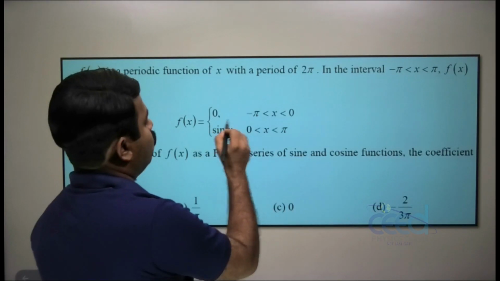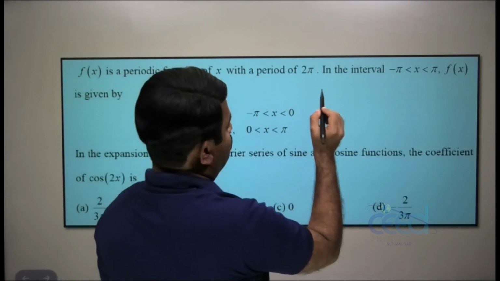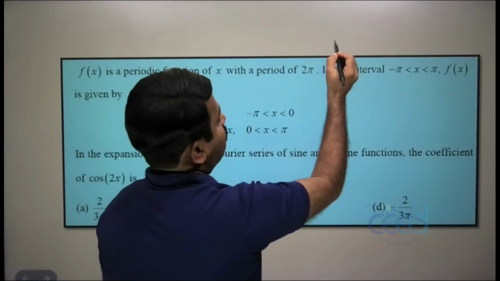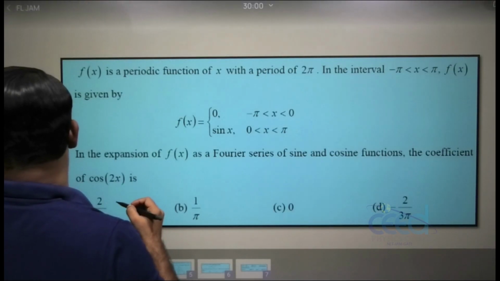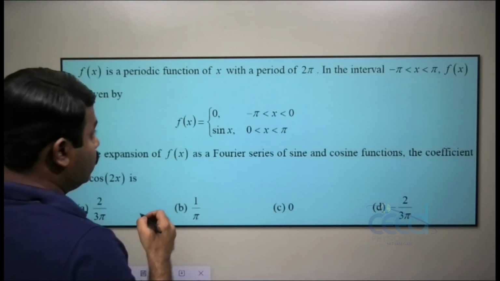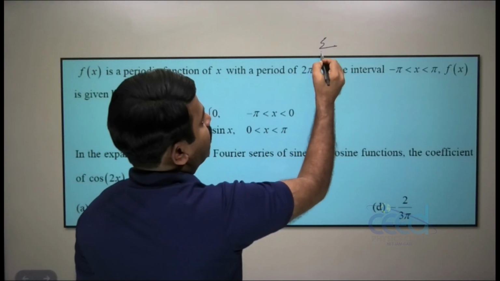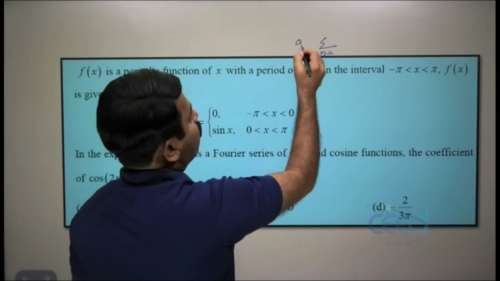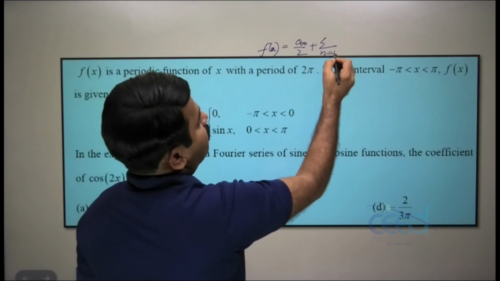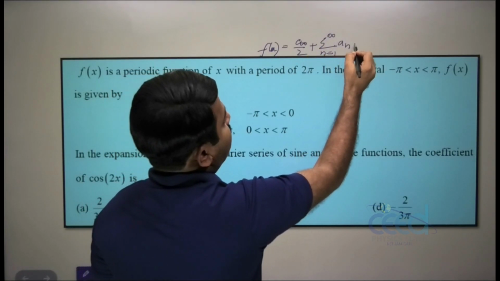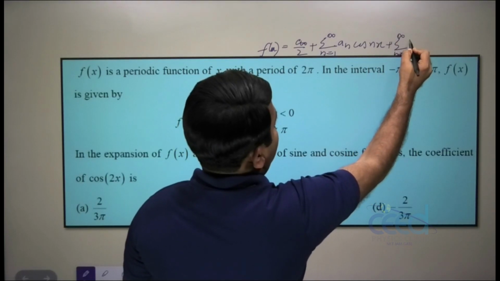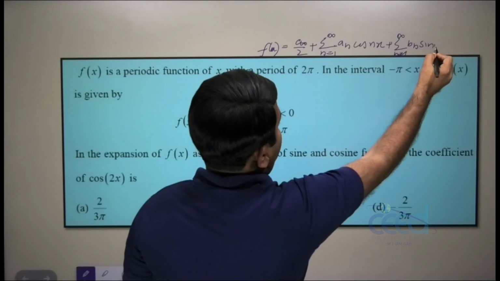See, any function using Fourier expansion we can represent as f of x is equal to a0 by 2 plus sigma n is equal to 1 to infinity an cos nx plus sigma n is equal to 1 to infinity bn sin nx, right?